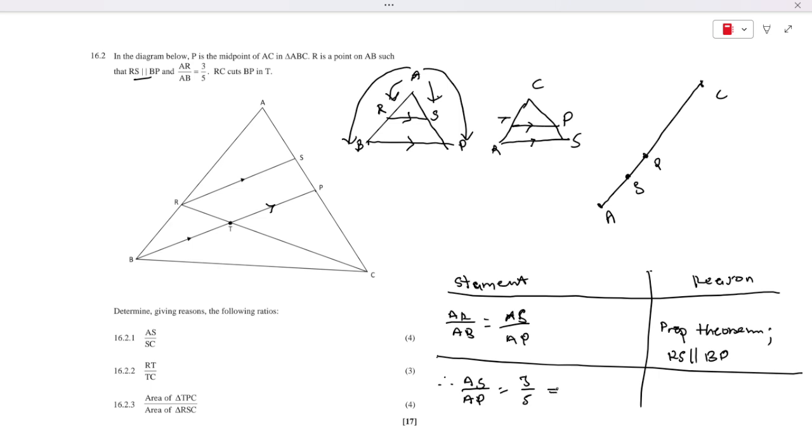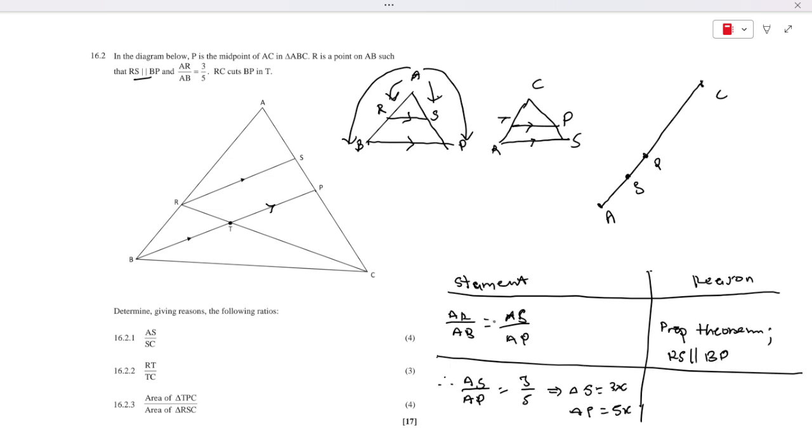Okay, so you can go on and say therefore AS equal to 3x, and AP equal to 5x. Okay, nice one.